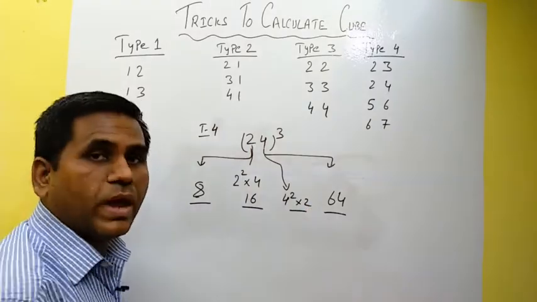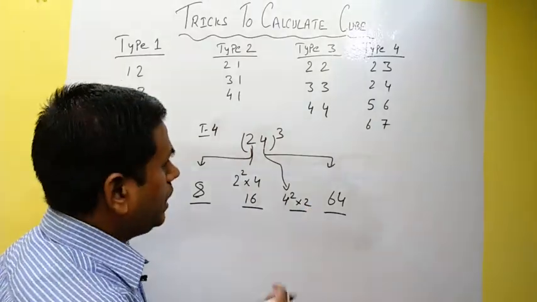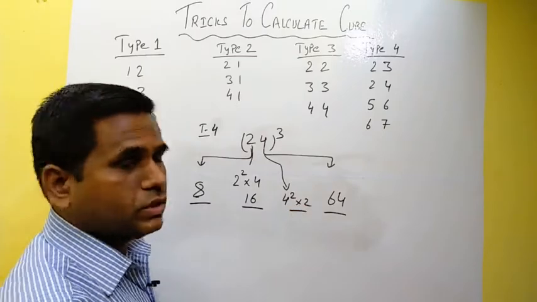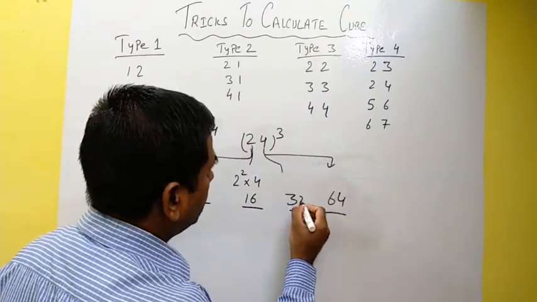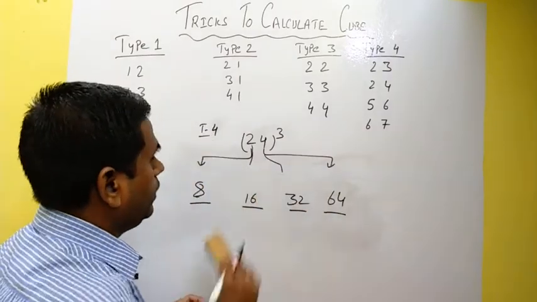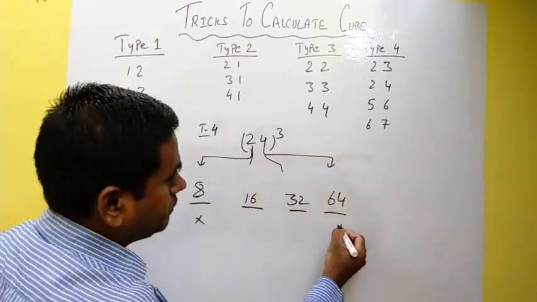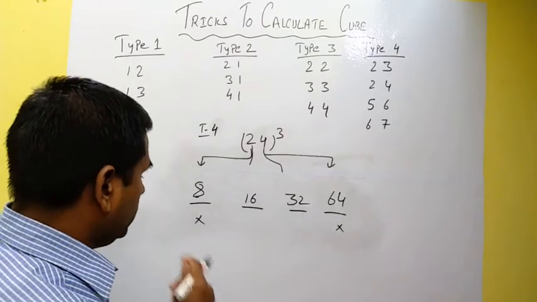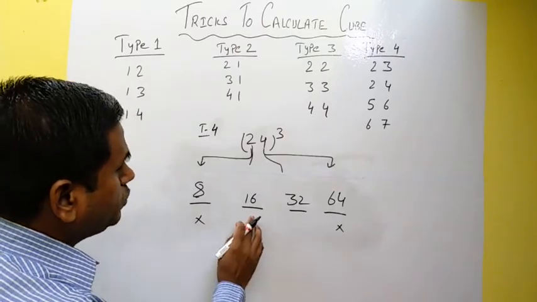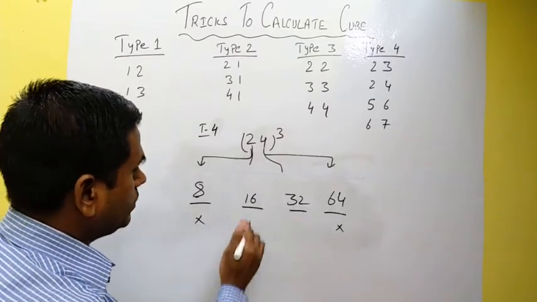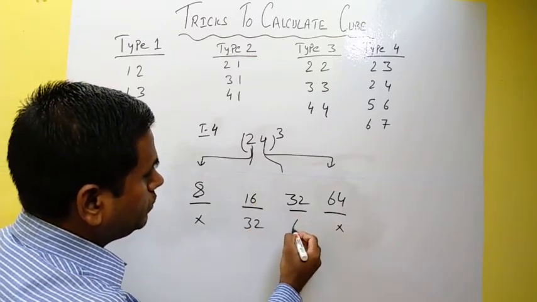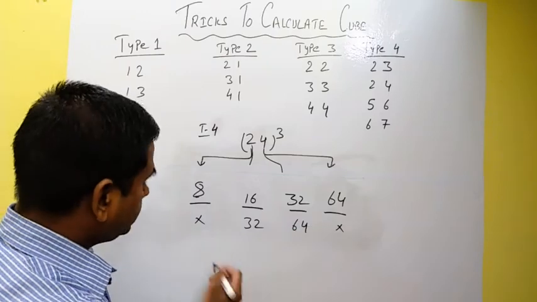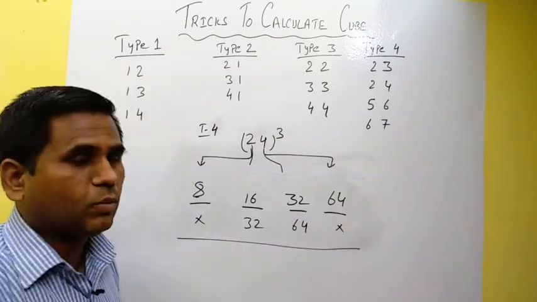Okay, so 4 square is 16 and 16 into 2 is 32. So here I will write 32. Fine. Now we will leave the first and last digit, and we will do the doubling of these two numbers. So double of 16 is 32, double of 32 is 64, and let's add these numbers.